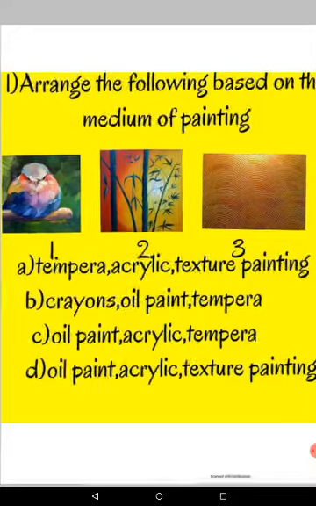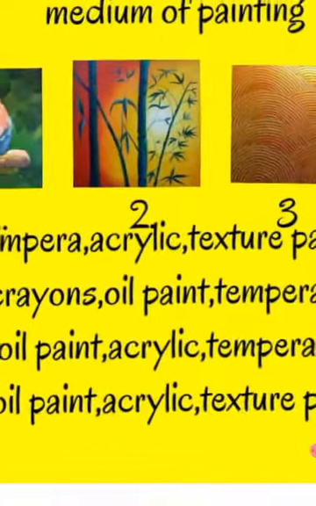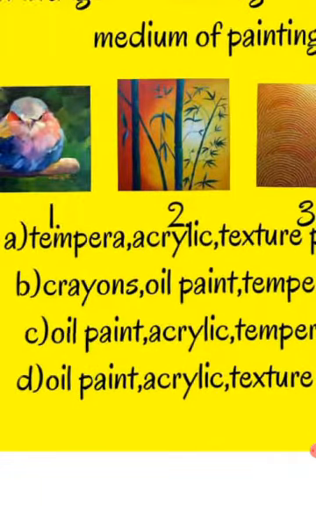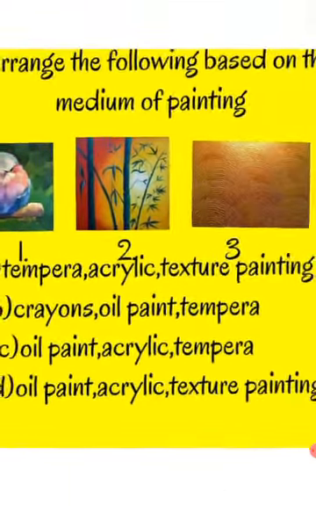So in this, the first figure is actually oil painting, and the second figure is acrylic, and the third figure is texture painting. So you will be having an unfamiliar word, that is tempera. So what is tempera?